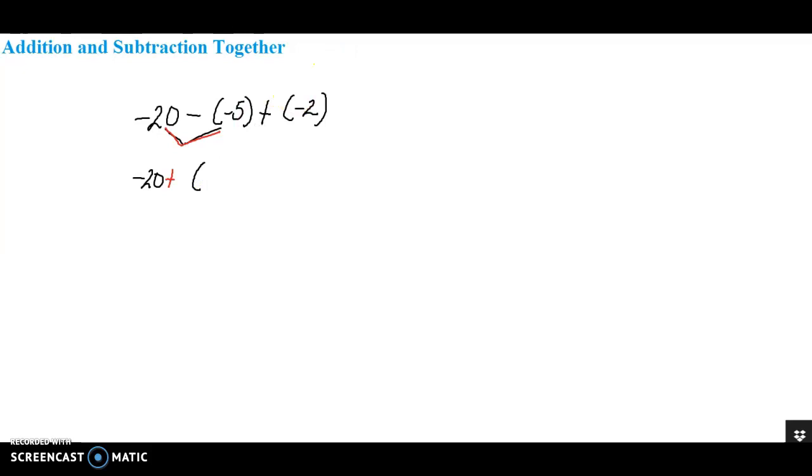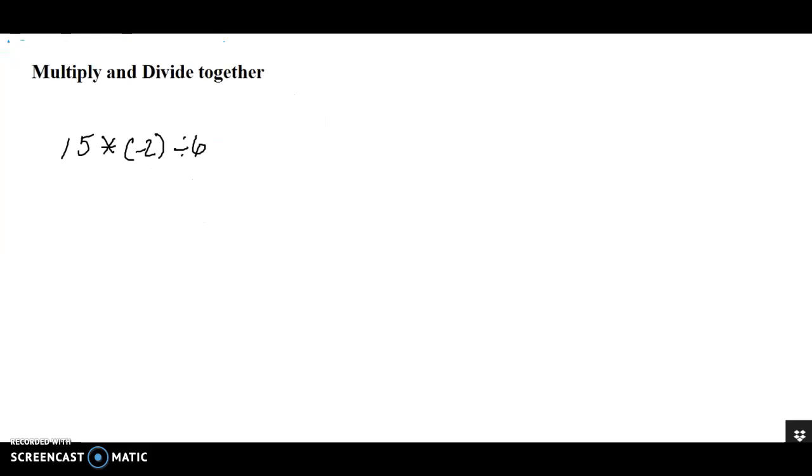Change that negative 5 into a positive 5. So a negative 20 plus a positive 5 will give us a negative 15. Then we bring down the plus negative 2. And a negative 15 plus a negative 2 gives me a negative 17.